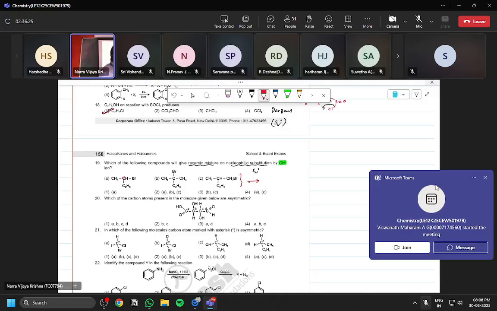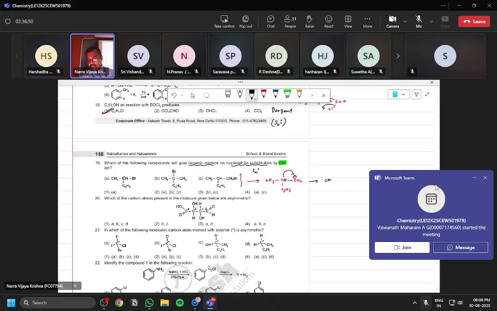Then rearrangement. Correct? If this H comes here, then it is not chiral carbon. This side methyl, left side also methyl. First you will get CH3, CH, C2H5, CH2 plus here first. Then from here, hydrogen migrated. Then what you will get?